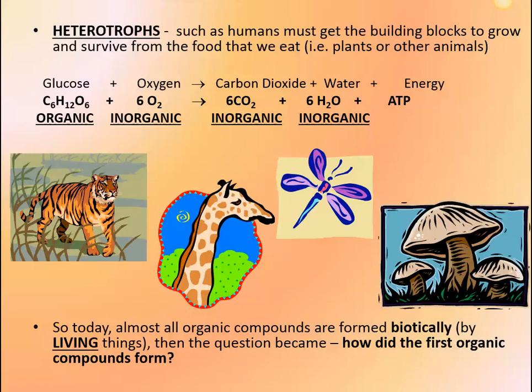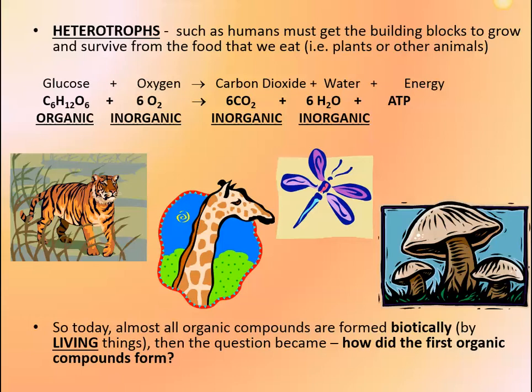So how did those organic compounds even come about in the first place if there were no living things, right? Because if you didn't have organic compounds, you definitely did not have living things to make organic compounds, because all living things are created with organic compounds. So in this case, the chicken definitely came before the egg, right? We know organic compounds came first, but how were they created?